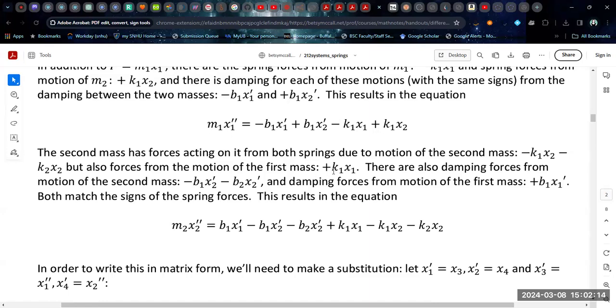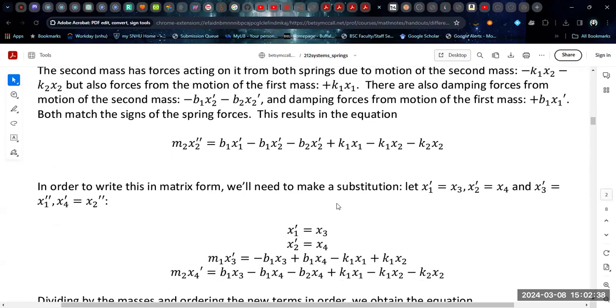And when M1 moves, that's also going to apply a force from spring 1 to mass 2. And then we also have this damping between the mass and the wall. And we also have the damping from the motion of mass 1.